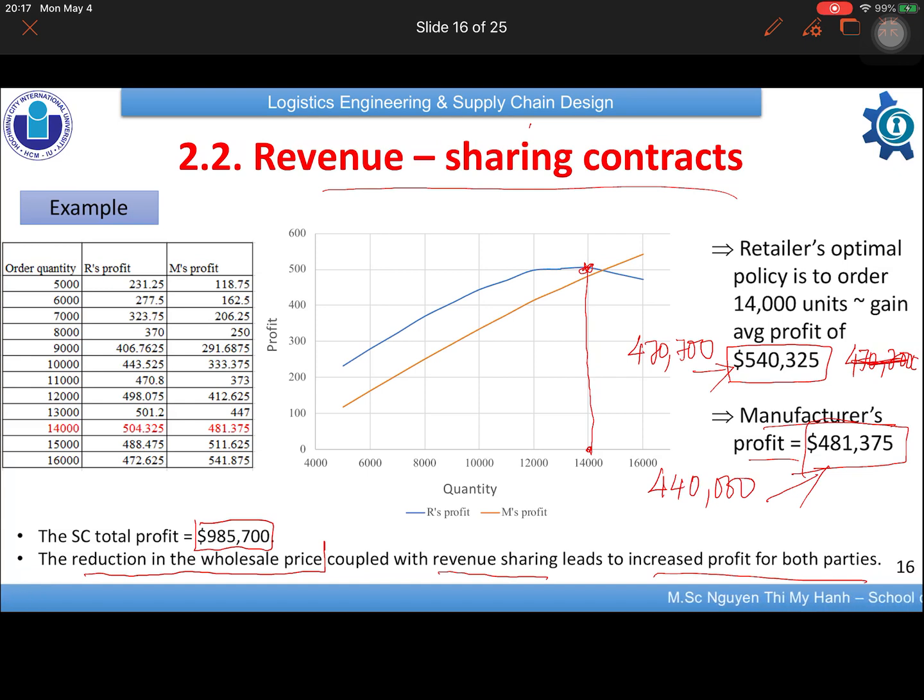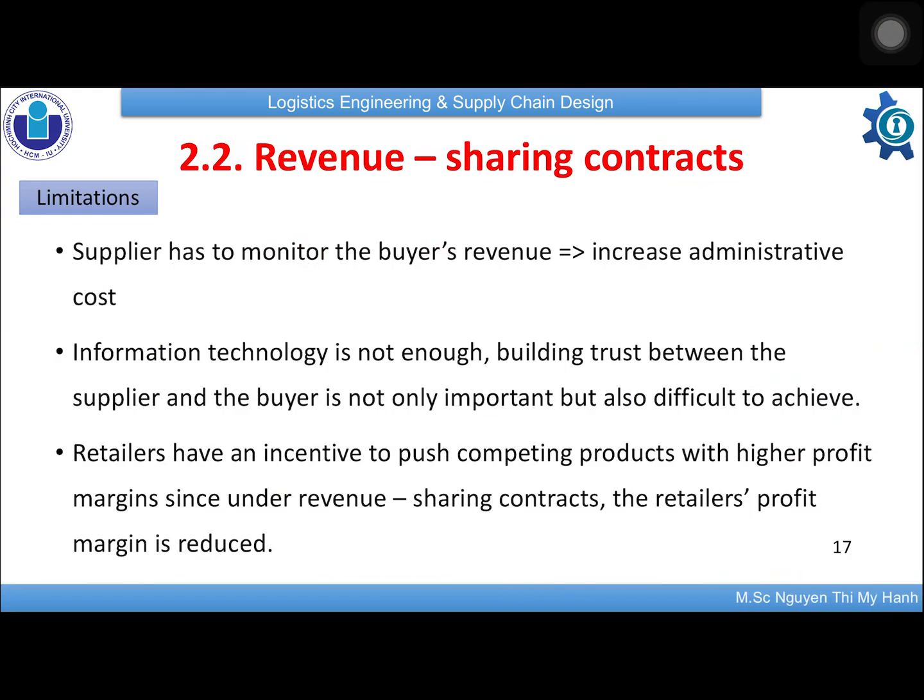However, revenue sharing contracts also have some limitations. That is, since the buyer has to share the revenue with the supplier, the supplier has to monitor the buyer's revenue, because maybe their revenue is 100,000, but they say maybe our revenue is only 10,000, so they can reduce the sharing with their suppliers.